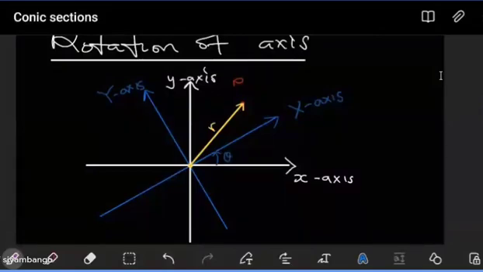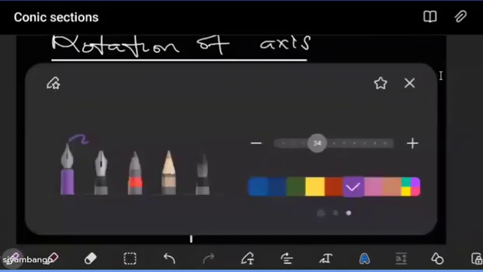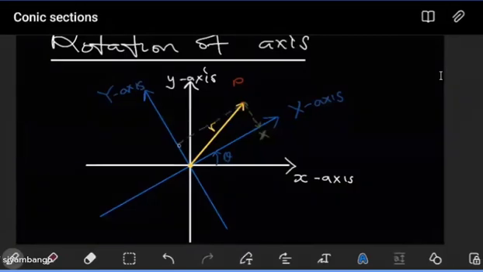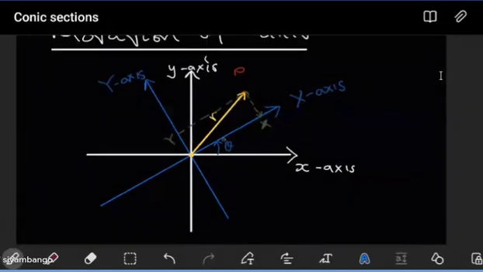If we look at the blue axis, we can say the point will have an x component that will be somewhere here, capital X, and a y component that will be here, capital Y. Now, let's say the angle between the rotated x-axis and the line R, let's take this angle to be alpha.